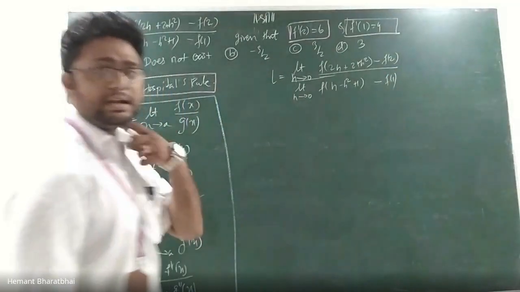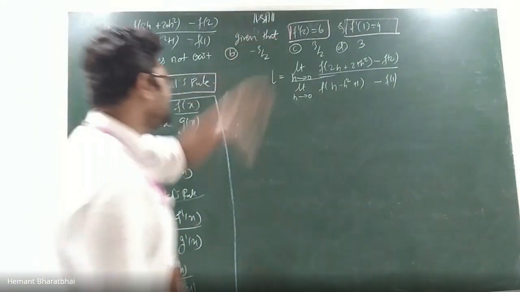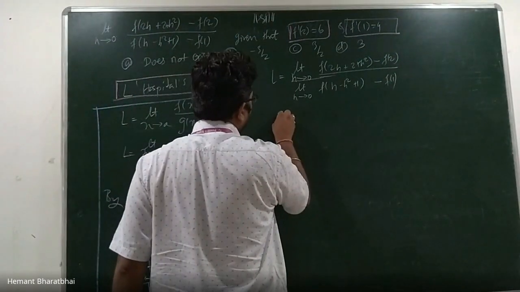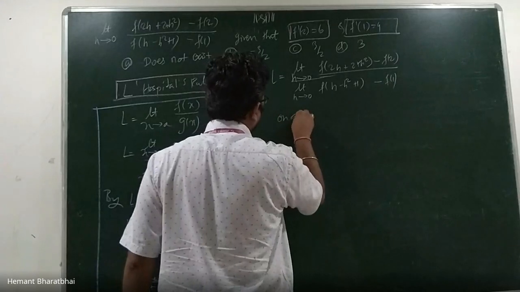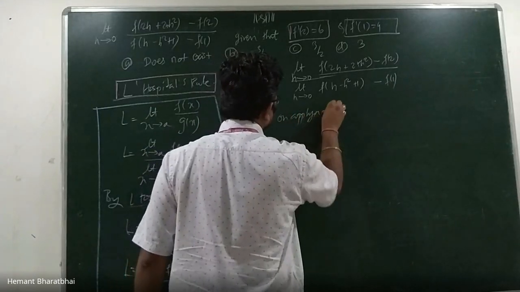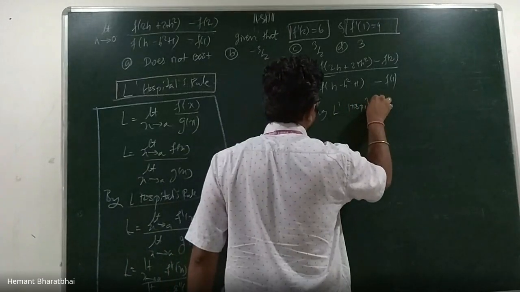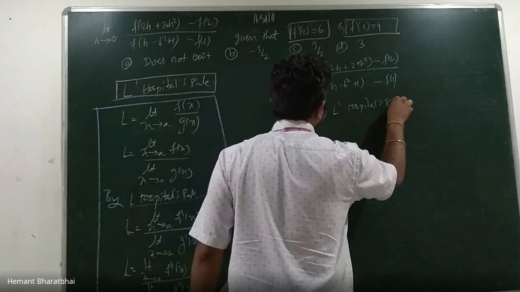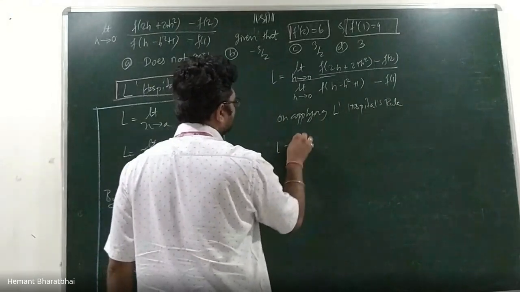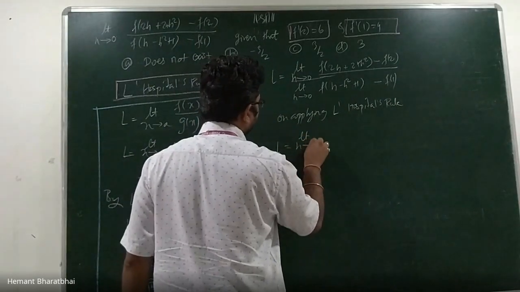So now let's take the derivative. Applying L'Hospital's rule, I'll get L is equal to limit of h tends to 0.